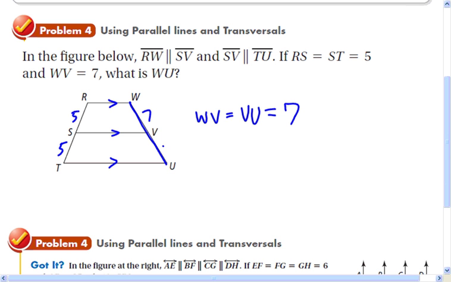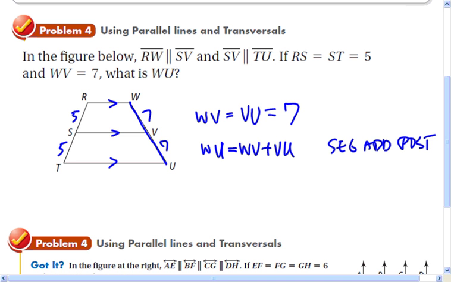Both of them are 7. And we also know that WU is equal to WV plus VU, and that's the segment addition postulate. And by substitution, we get WU is equal to 7 plus 7, which is 14 simplified.